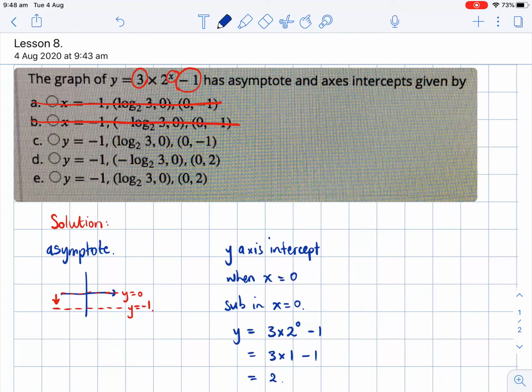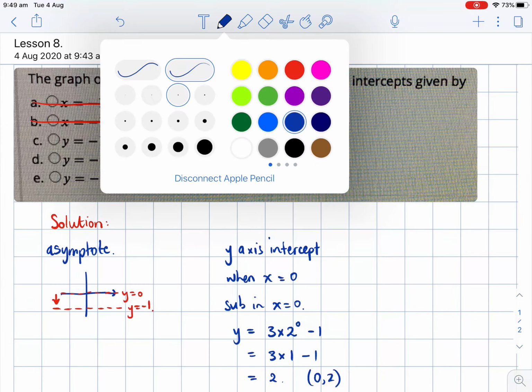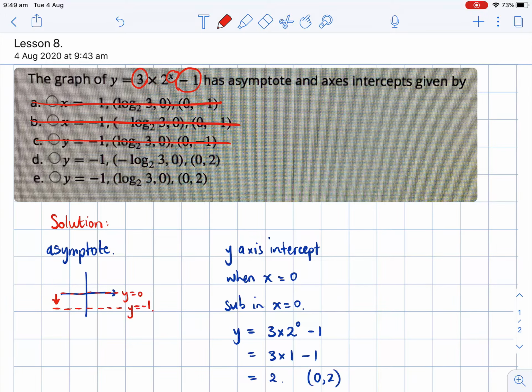So we've got a y-axis intercept at 2, and I can write this as the coordinate when x is 0, y is 2. And now I can cancel out C as an option. So we're down to two possibilities.